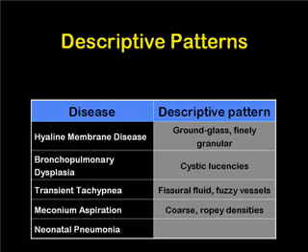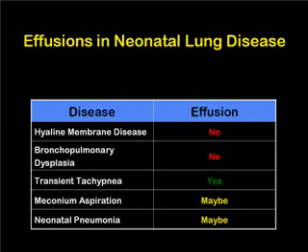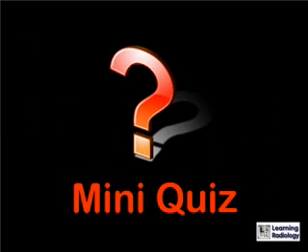Meconium aspiration has coarse, ropey densities, and neonatal pneumonia has perihilar, streaky densities. If we look at pleural effusions in these 5 diseases, hyaline membrane disease usually does not have a pleural effusion. Bronchopulmonary dysplasia does not. Transient tachypnea does. Meconium aspiration may. And neonatal pneumonia may.